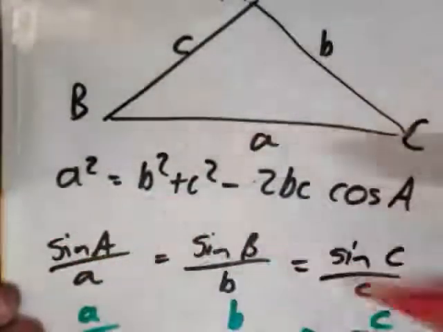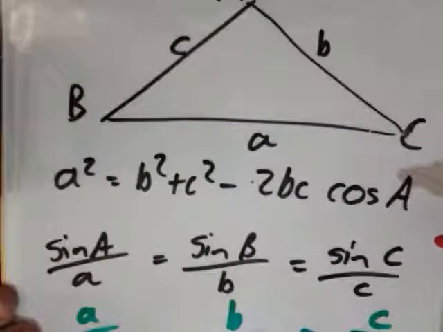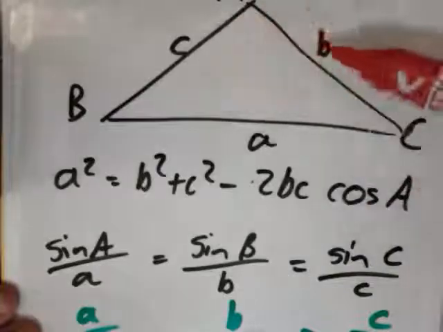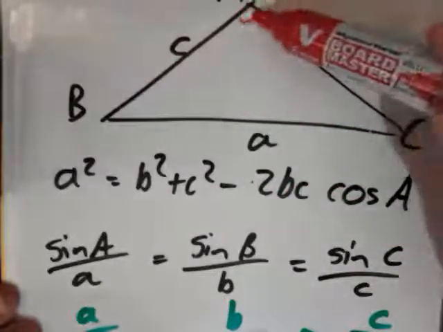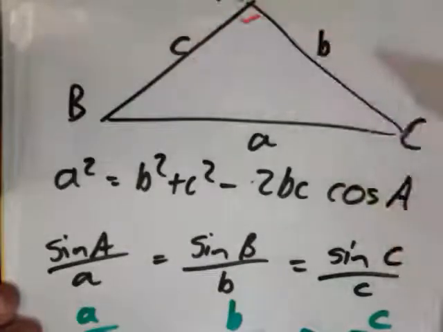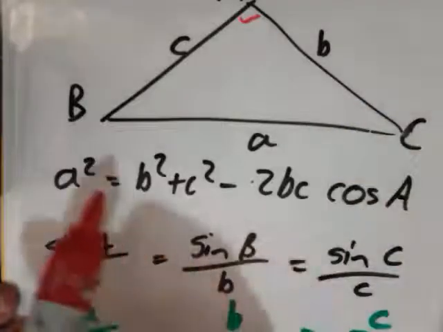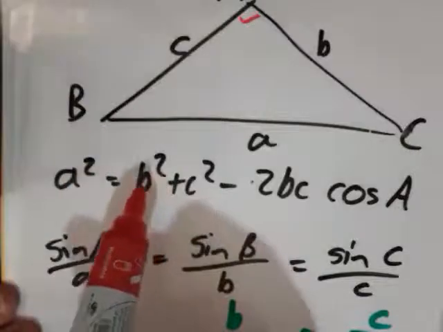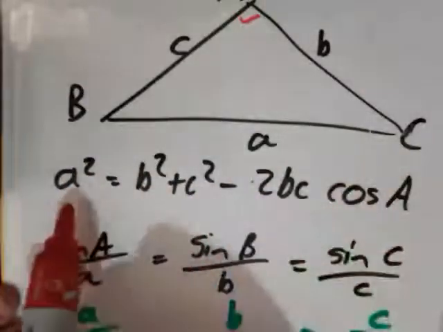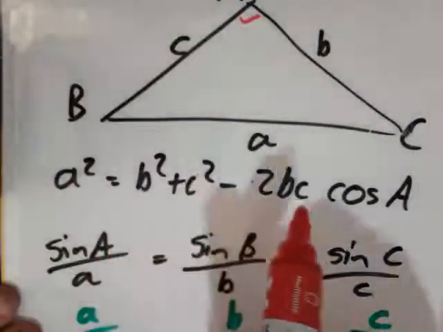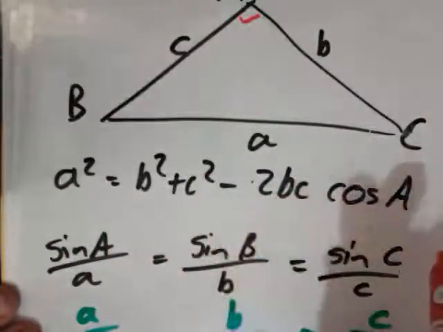Now, the first formula is for the cos rule, and we apply the cos rule where we have two sides and an included angle. We will also use this for the area rule a bit later on. You can write this as c squared equals a squared plus b squared minus 2ab cos of C, and similarly for the other sides.